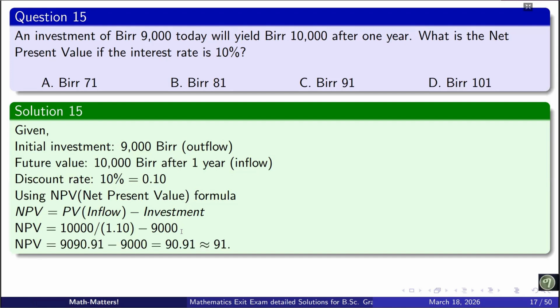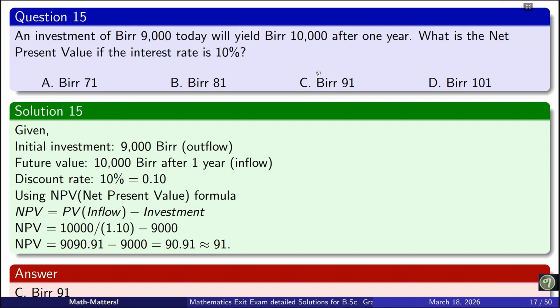Therefore, this could be 9,090.91 minus 9,000, which could be 90.91, and this could be approximated to 91. So the best answer for this question could be C.